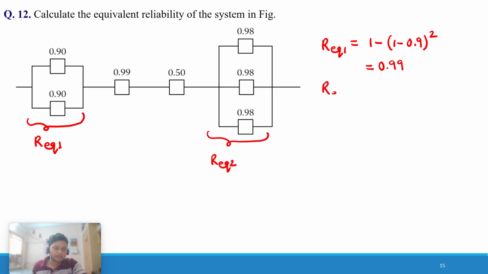For this R equivalent second, you can get 1 minus 0.98 cube. So for this value, you will get the answer as 0.9992. Finally, R equivalent first is 0.99.